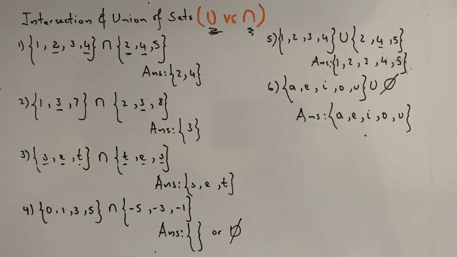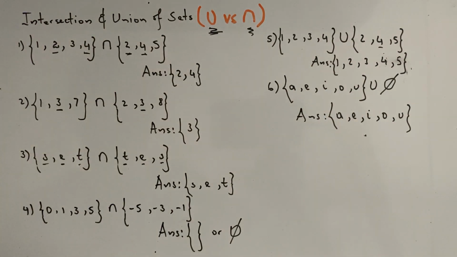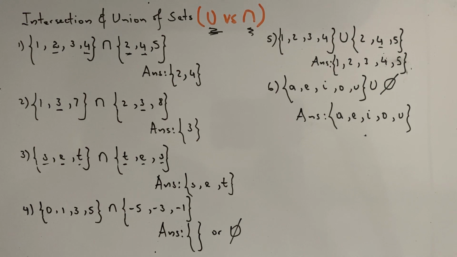You use this most of the time when solving equations, and you have to unify solutions or get intersections of solutions. This is your thought process. So this is what you do to find intersection and union of sets. Thank you.